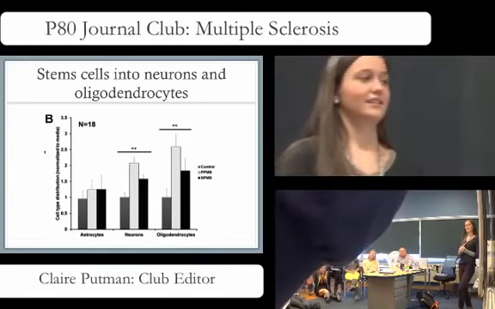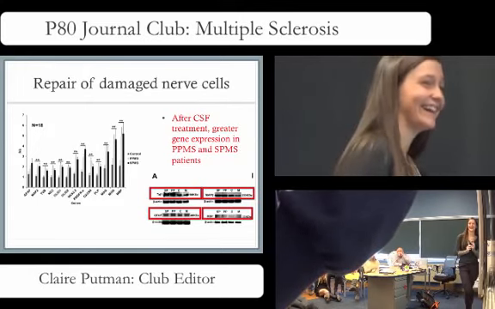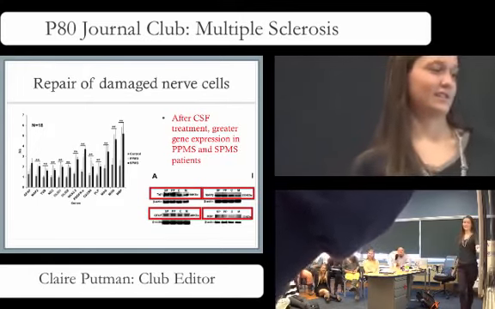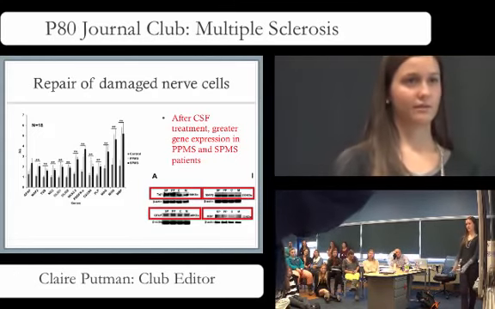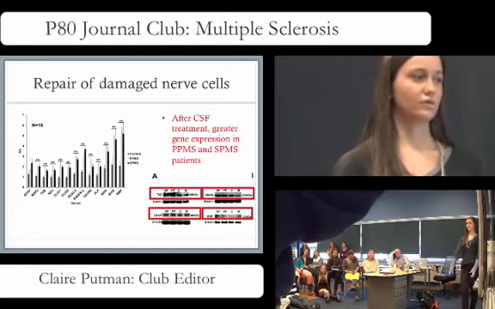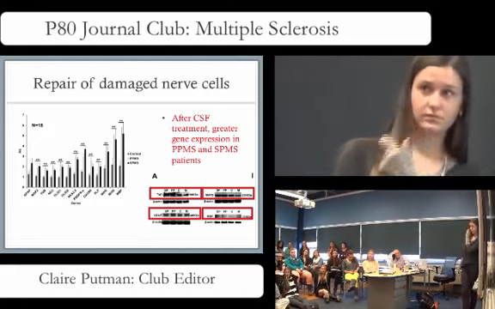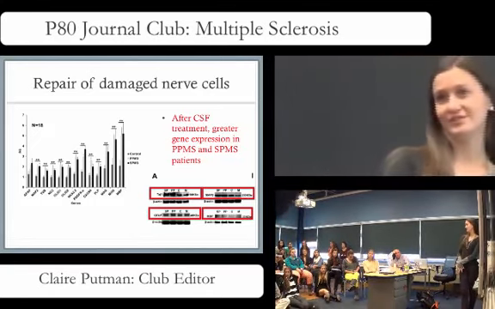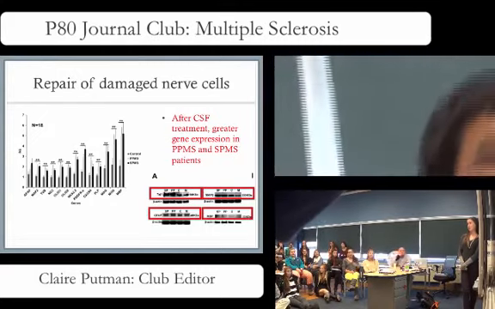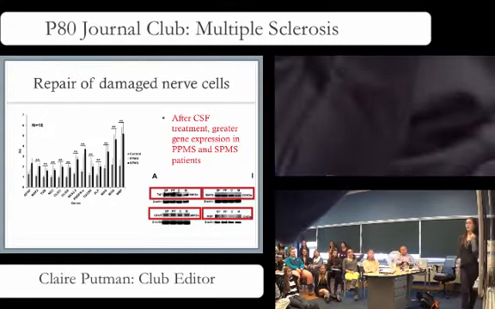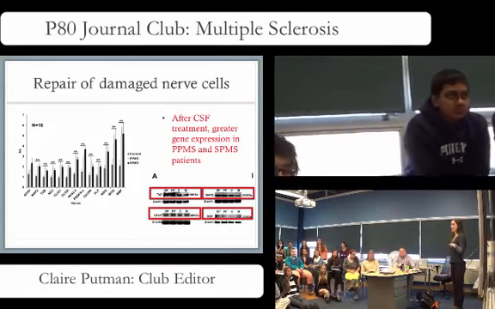So all of the bars that are represented on this graph are genes responsible for specifically neuronal development? Correct. Astrocytes were not important; they didn't want it to turn into astrocytes.